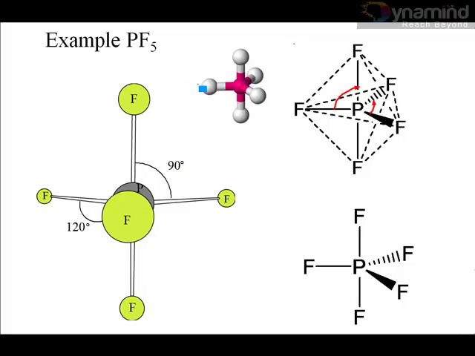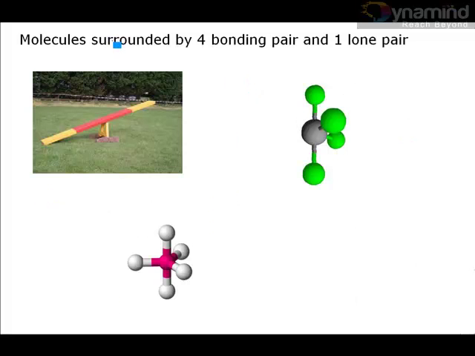PF5 obviously had 5 bonded pairs, 1, 2, 3, 4, 5. But suppose one becomes lone pair, then in that case you won't consider this in your scheme and you get a new kind of molecule. Let me explain now. These are the molecules surrounded by 4 bonding pairs and one lone pair, and they look like this, and they have become like this just because of this effect.